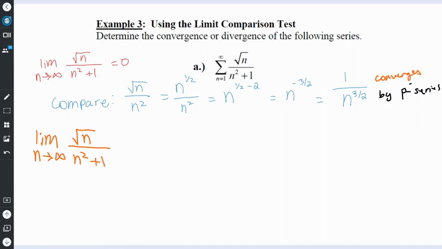All right, so it is the original series over the comparison, which is basically multiplying by the reciprocal, right? And the numerator becomes n to the 1/2.